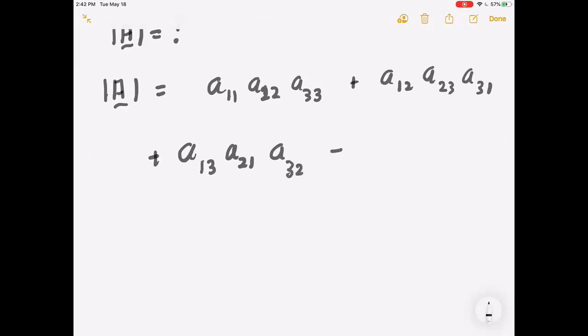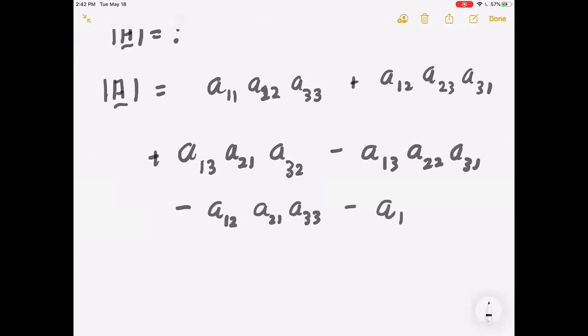Then you'll have a minus sign, a sub 1, 3, a sub 2, 2, a sub 3, 1, minus a sub 1, 2 times a sub 2, 1 times a sub 3, 3. And your sixth term will be your last term, a sub 1, 1 times a sub 2, 3 times a sub 3, 2.